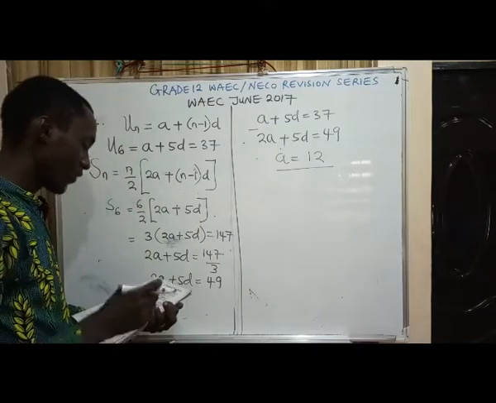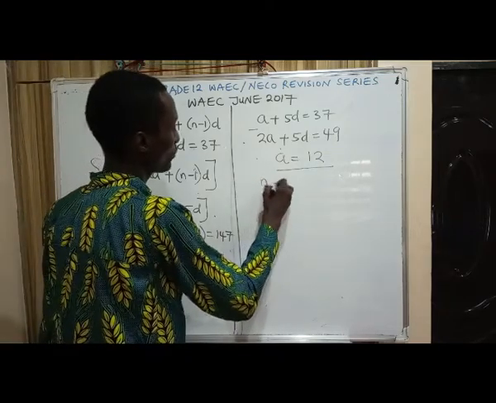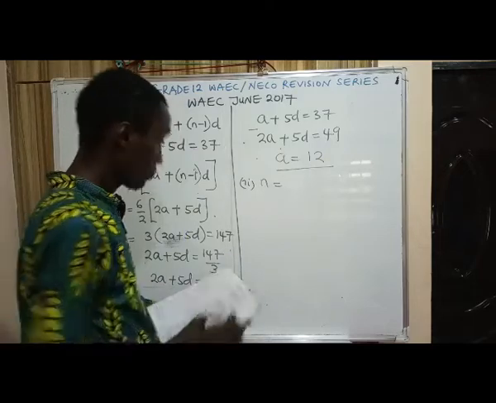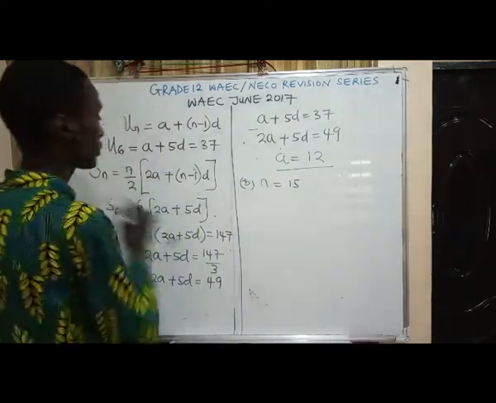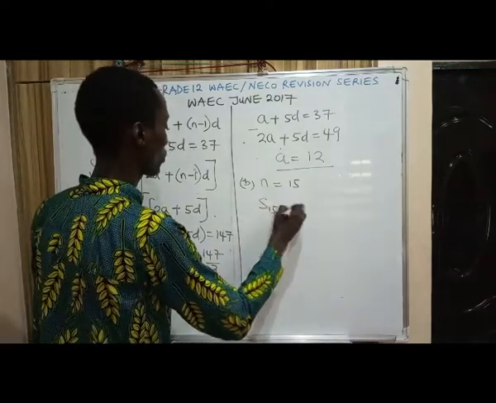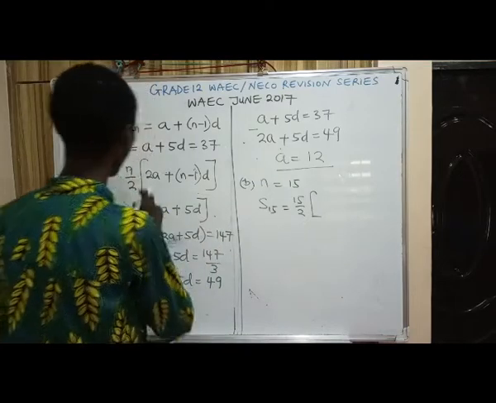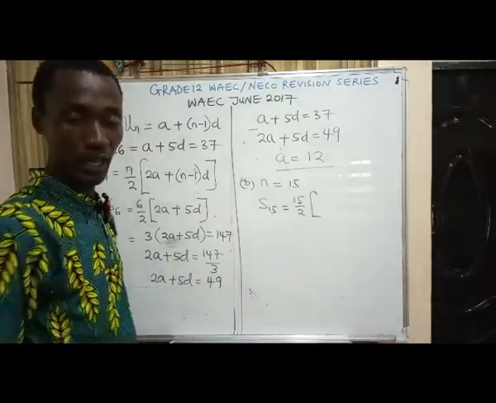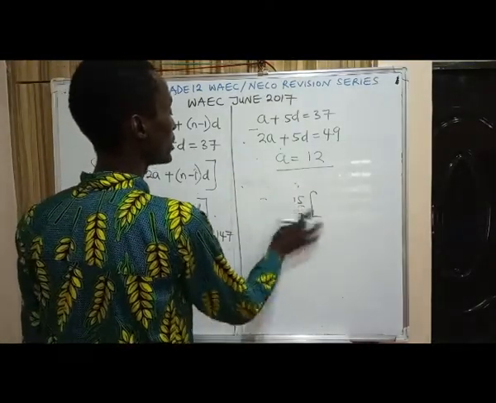Now, they said find the sum of the first 15 terms, meaning that n will be equal to 15. So I fix it in this equation. S15 will be equal to 15 over 2 into... okay, let's not forget, before we move any further, that we have not obtained our common difference.